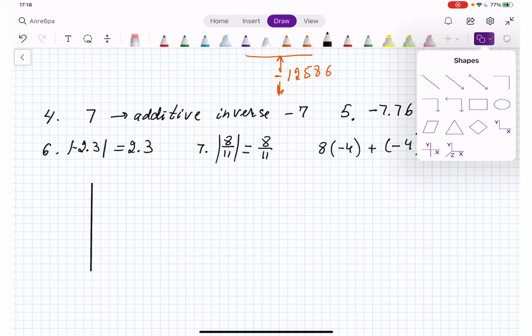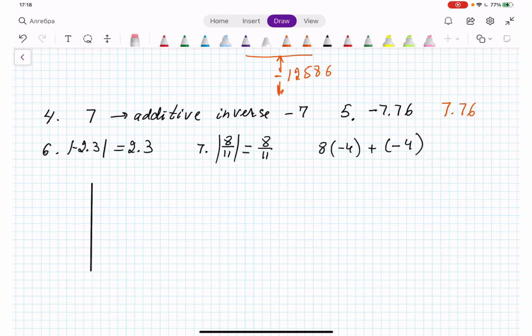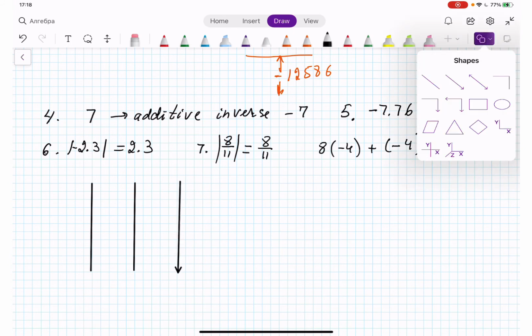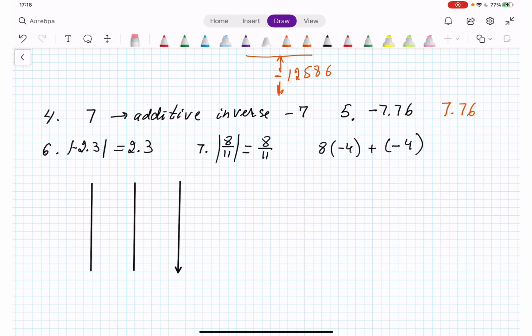First one, second one, third one. So, first term, second term.